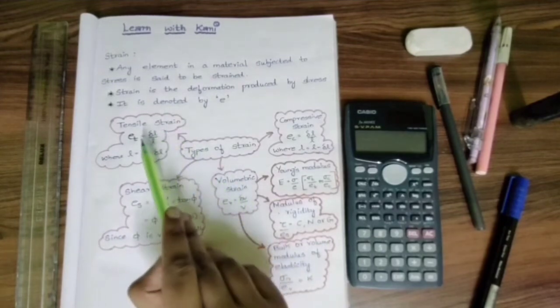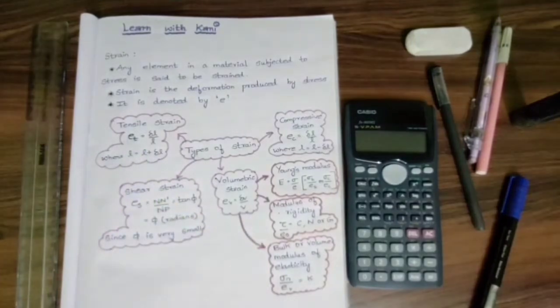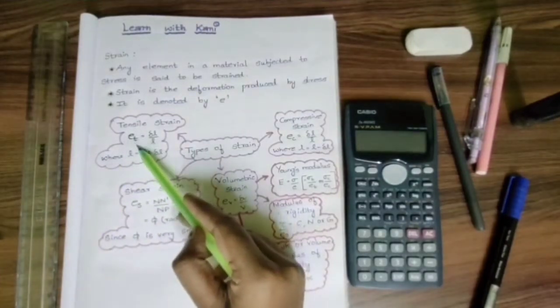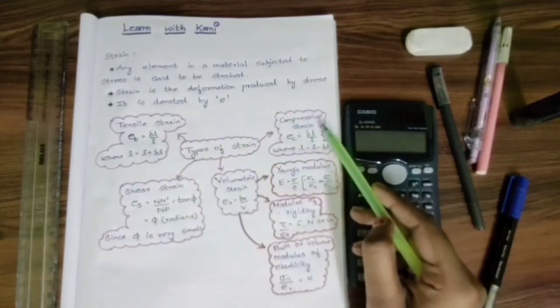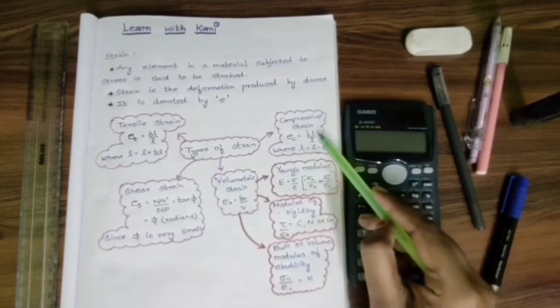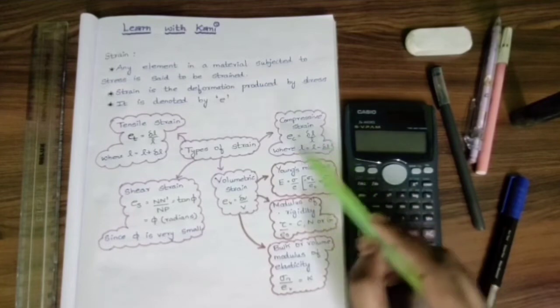Tensile strain is denoted by the symbol et, which is equal to change in length by original length, where L is equal to L plus del L. And then compressive strain, it is denoted by the symbol ec, which is equal to change in length by original length, where L is equal to L minus del L.